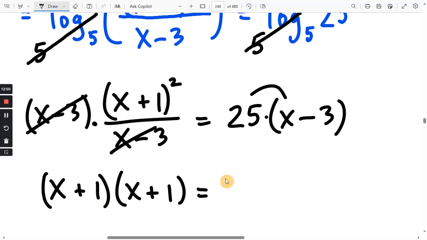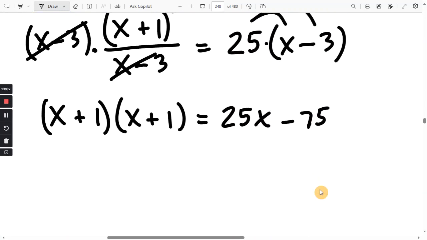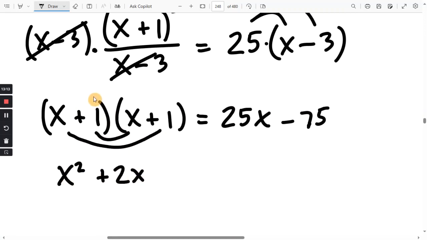Distributing on the right, 25 times x and 25 times negative 3. Okay, let's see. FOIL or distribute. x times x is x squared. Inner, outer, 1x and 1x is 2x. And the last is 1 times 1. 25x minus 75.